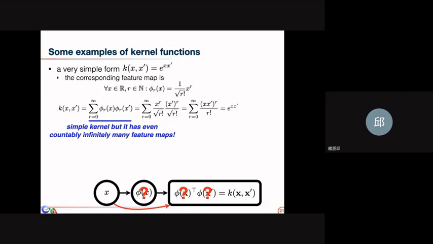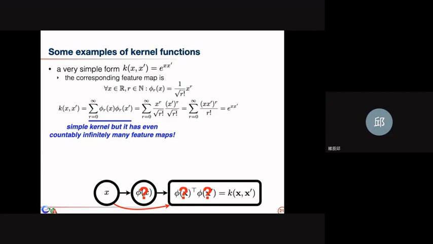The only thing you need to do is to compute the inner product in the original data space, and then take the exponential.